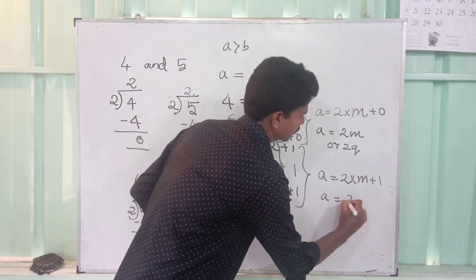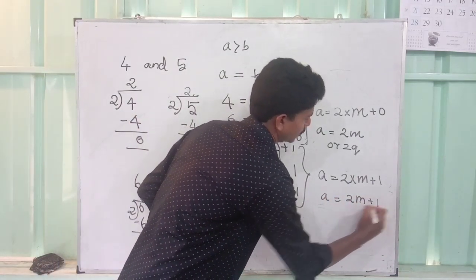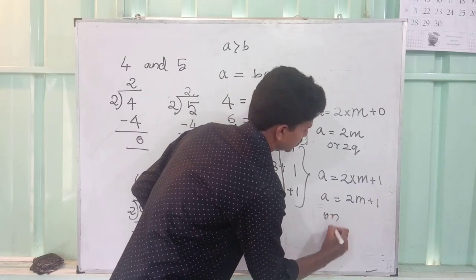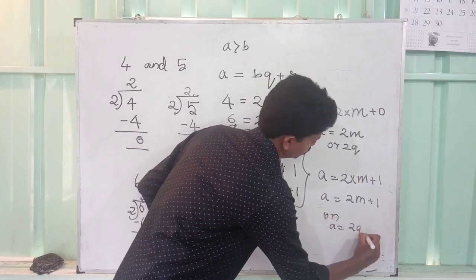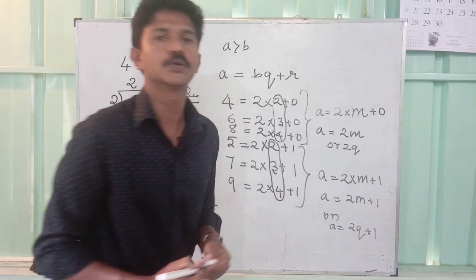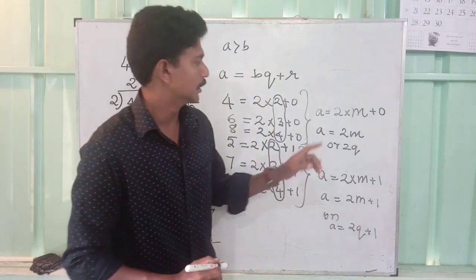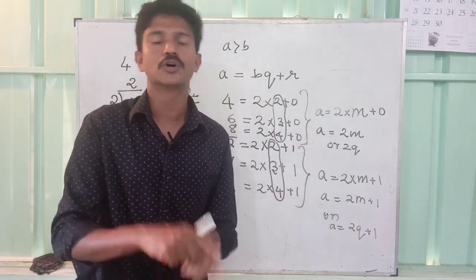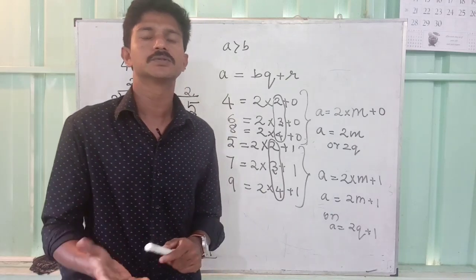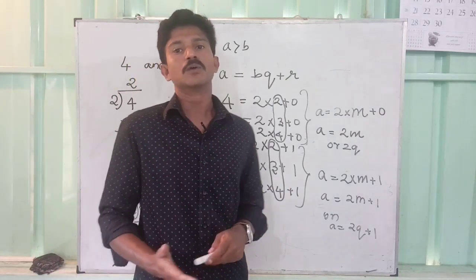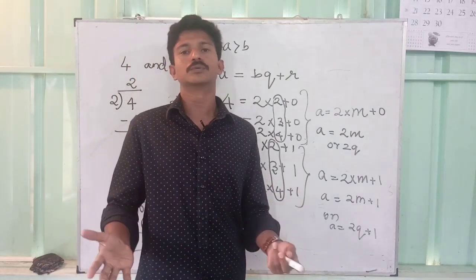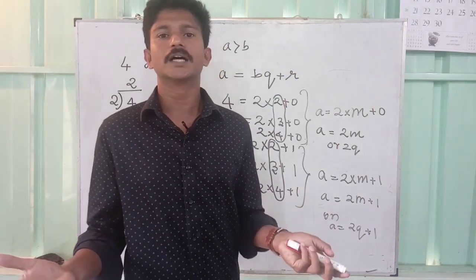So in short, we can write 2m plus 1, or we can write a is equal to 2q plus 1. Don't be confused. Either we can use m or q. Both letters we can use. You may ask a question, why we should use m or q? Can't we use any other alphabet?